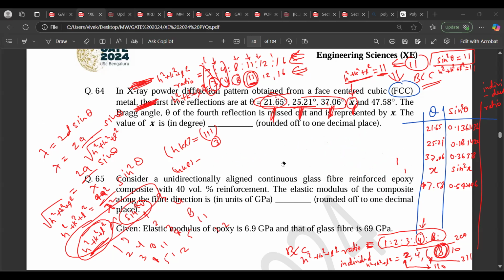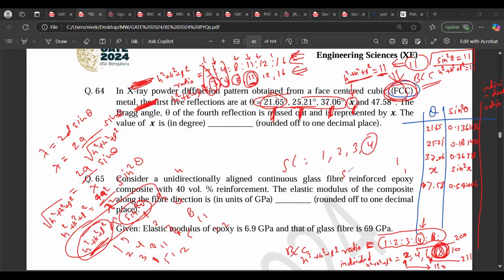I agree, but if FCC is not given, then you have to find out. You don't know whether this fourth peak is 11, or as per BCC it is 8, or as per SC it is 1, 2, 3, 4, it's a 4. You don't know, right?